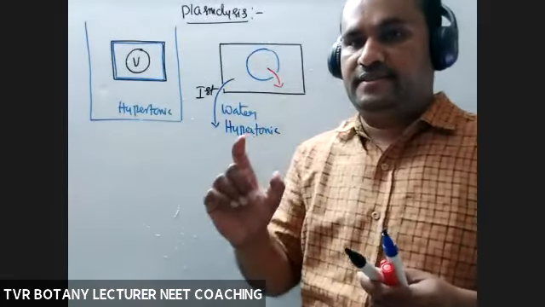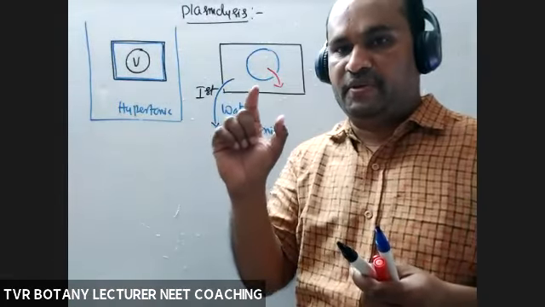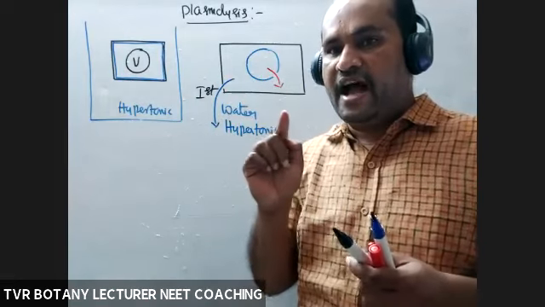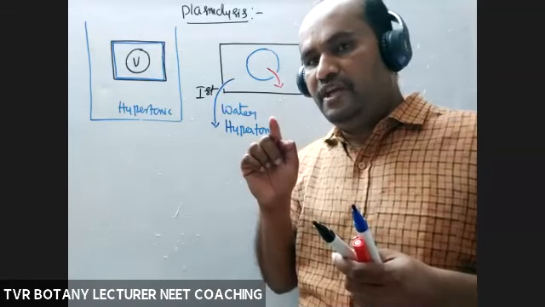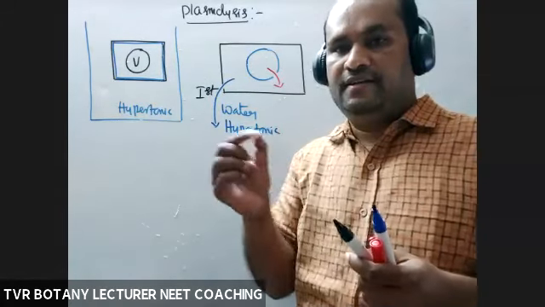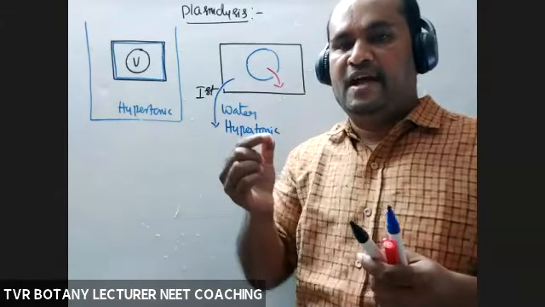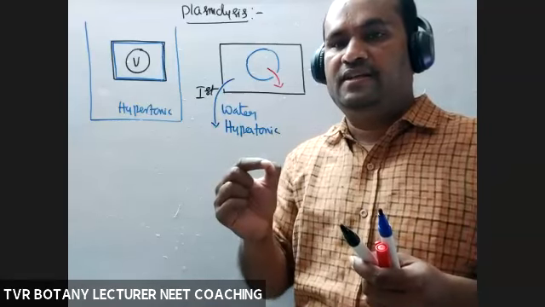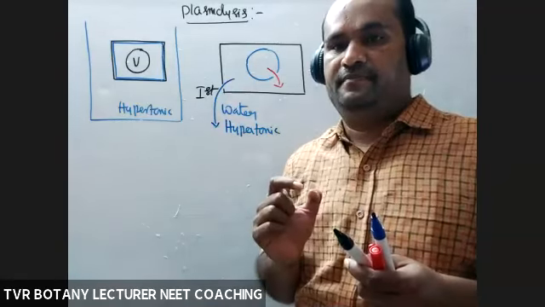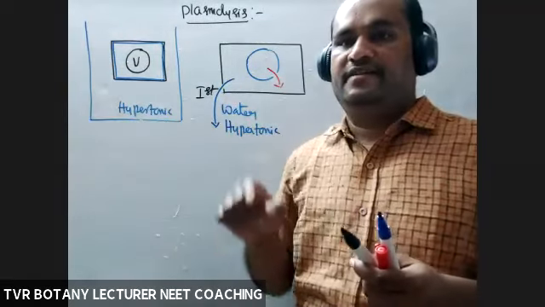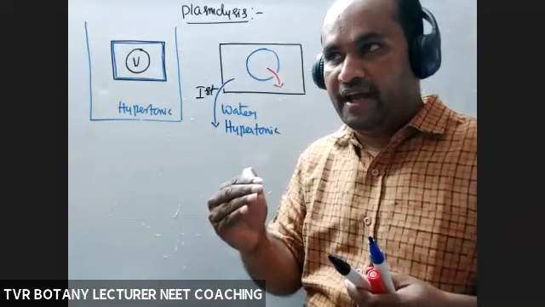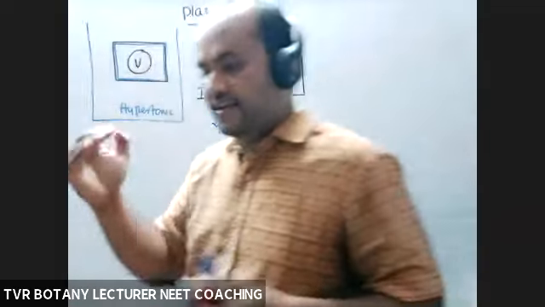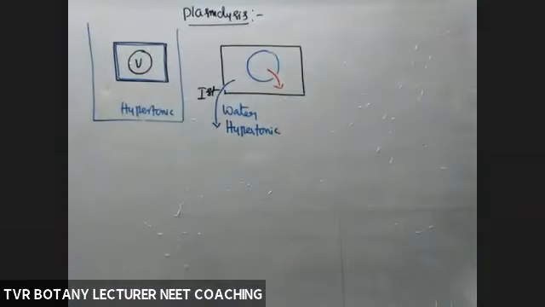Initially, once a cell is dropped into hypertonic solution, the hypertonic solution moves into the narrow space present between the cell wall and the membrane, but not through the cell membrane. The reason is that the cell wall is permeable to all materials.